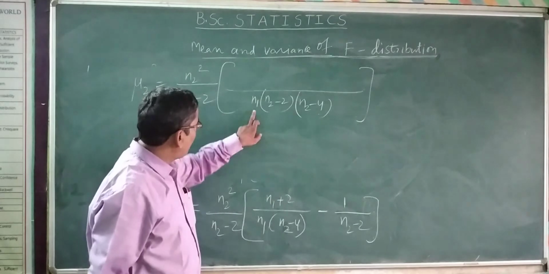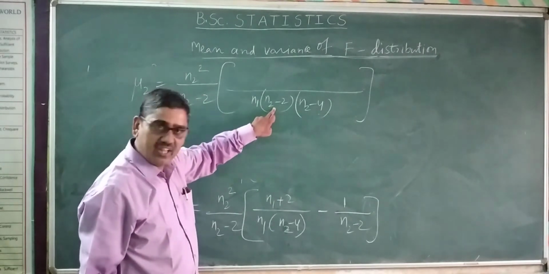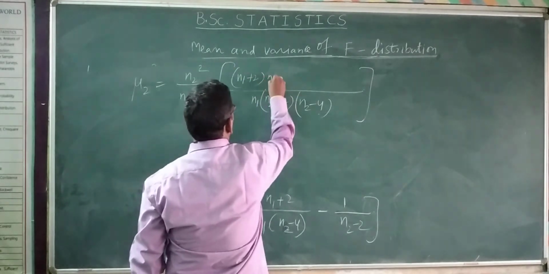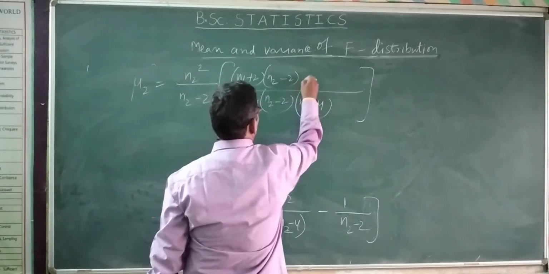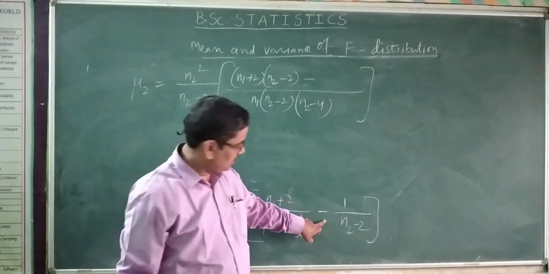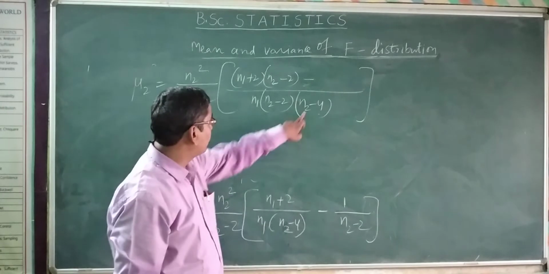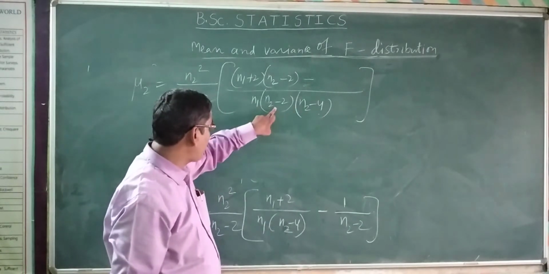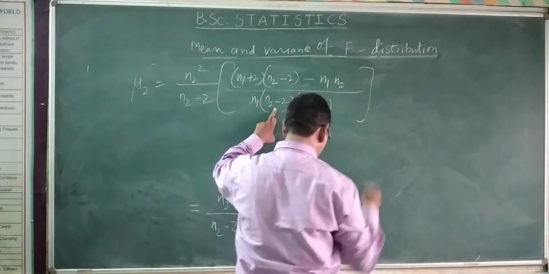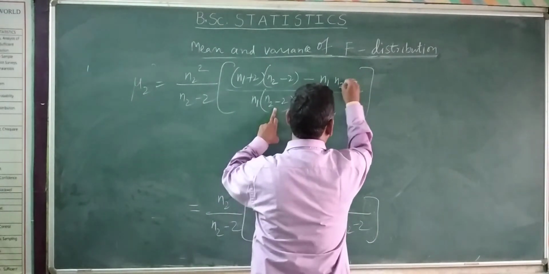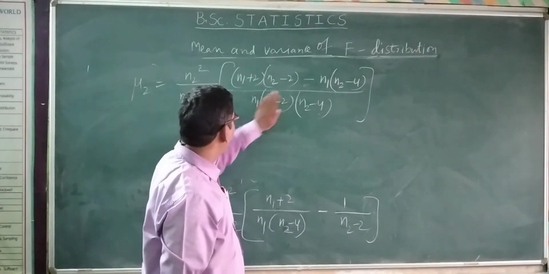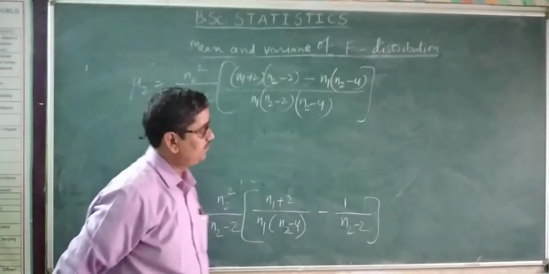Now n1 into n2 minus 4, so you have to multiply with n2 minus 2, so n1 plus 2 into n2 minus 2, minus, not plus, minus n1 into n2 minus 2 taken in the LCM, so minus of n1 into n2 minus 4, right?